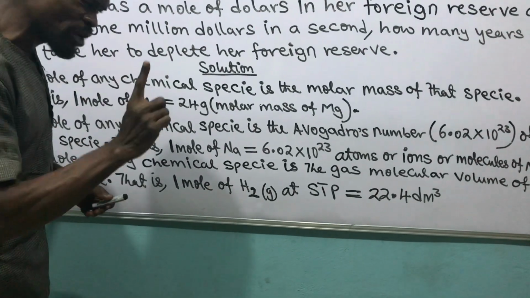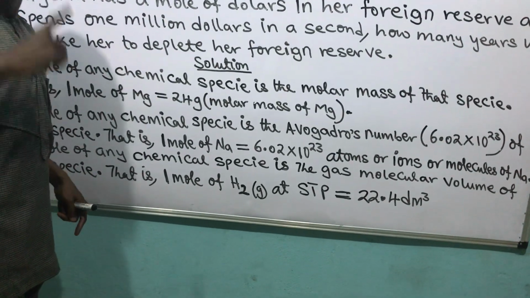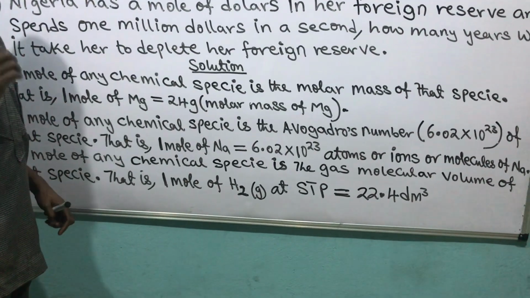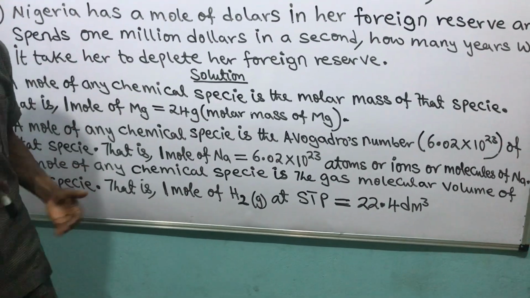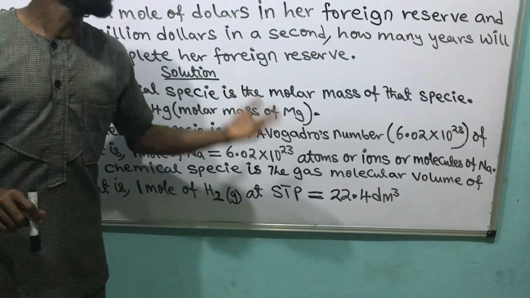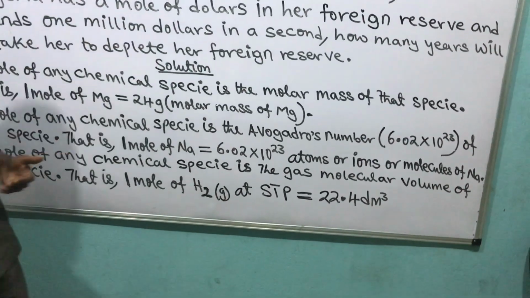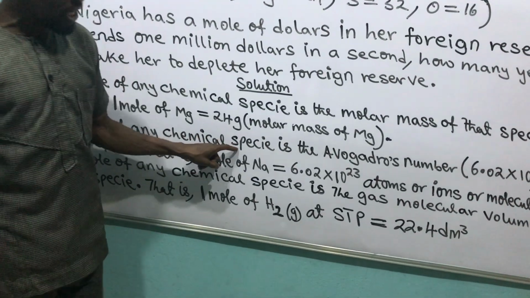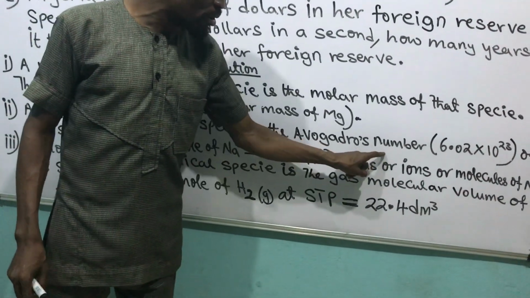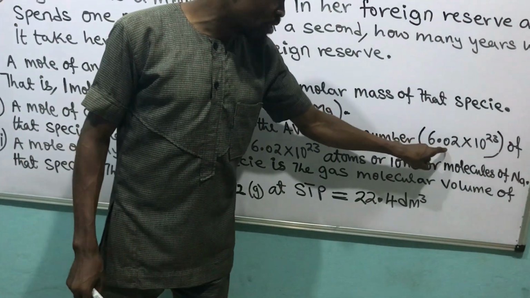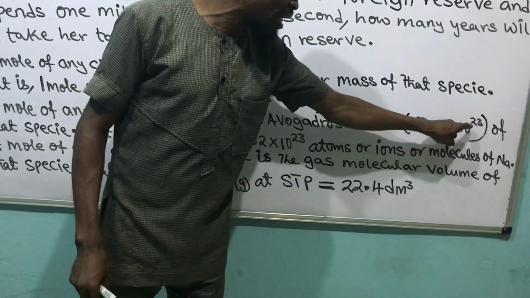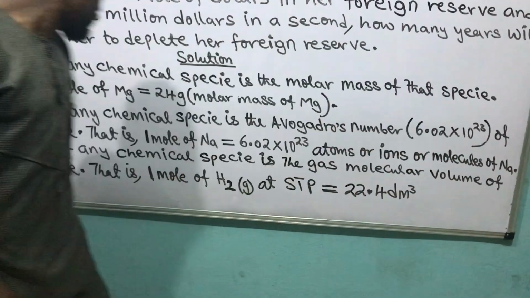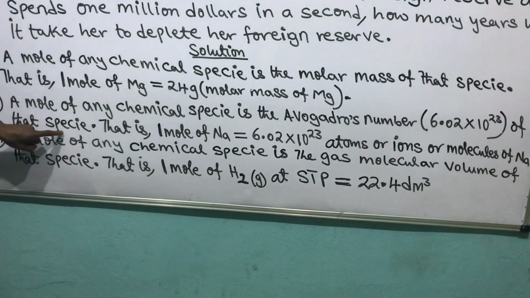So 1 mole of a substance is equal to the Avogadro's number of that substance in terms of atoms, ions, molecules or particles, which is 6.02 times 10 to the power 23 of that species.